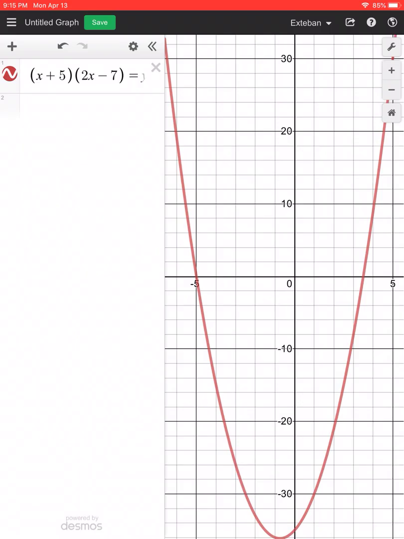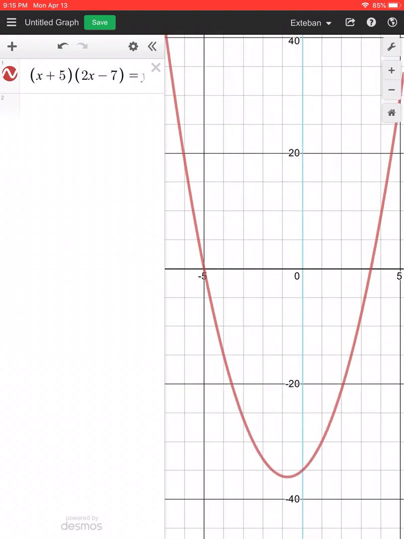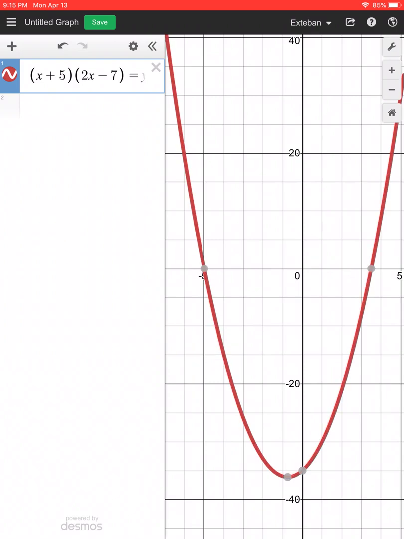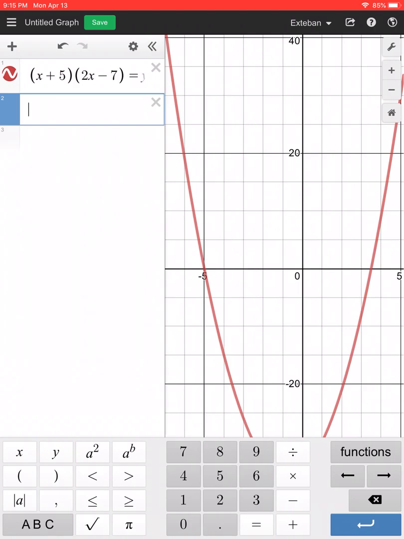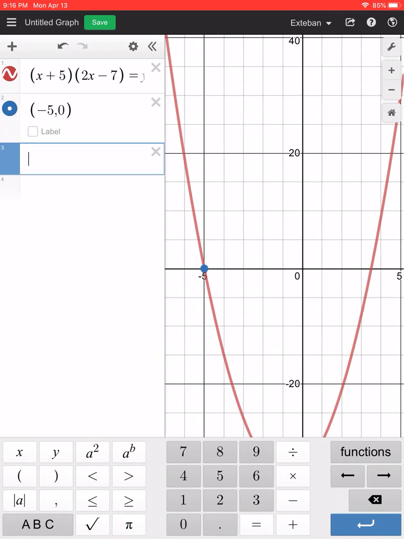Do you see where the graph crosses the x-axis? Do you see that point? So we can see the solutions here of -5, 0, and also 3.5, 0.